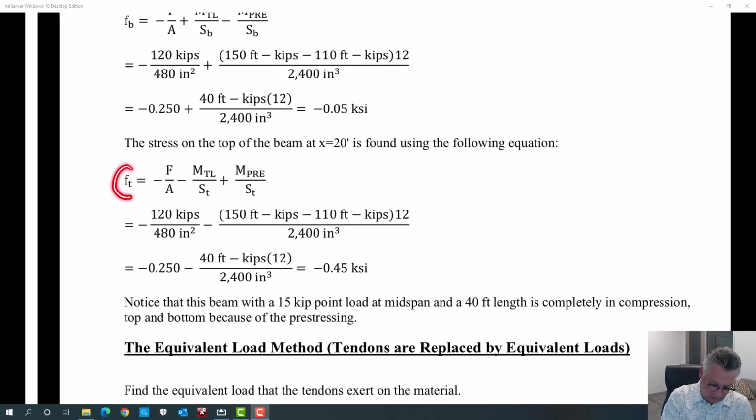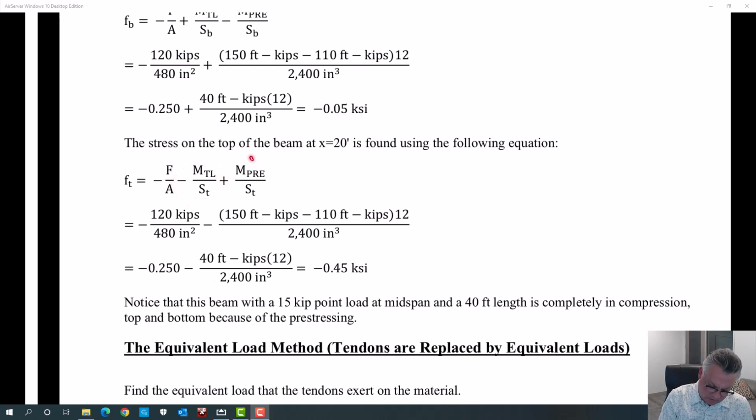Again, the stress at the top, always minus F over A. The applied total load moment creates compression at the top. Remember, it created tension at the bottom. The M over S_B at the bottom created tension. The applied load moment divided by the section modulus to the top is creating compression at the top.